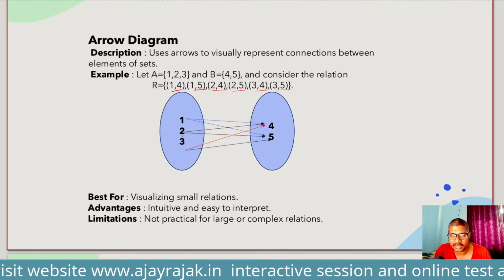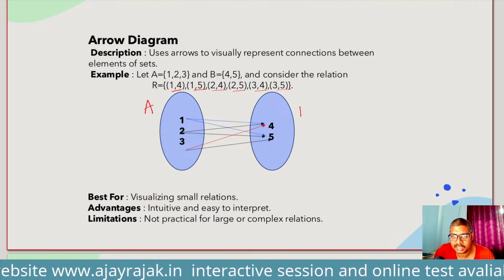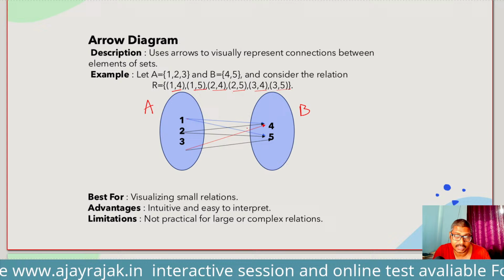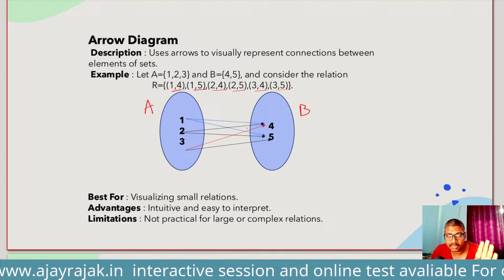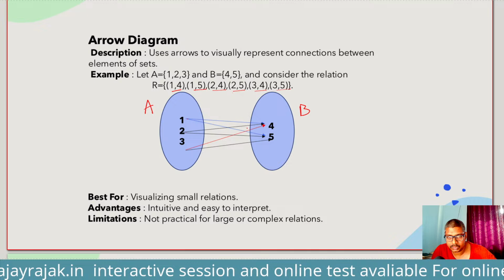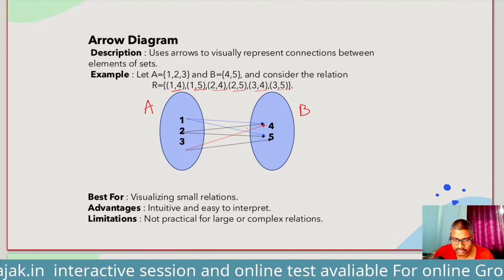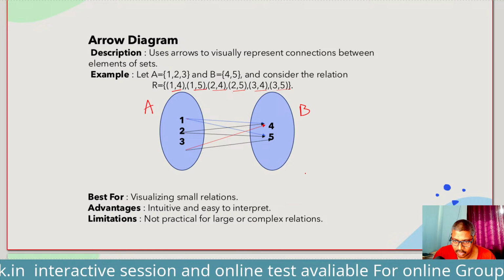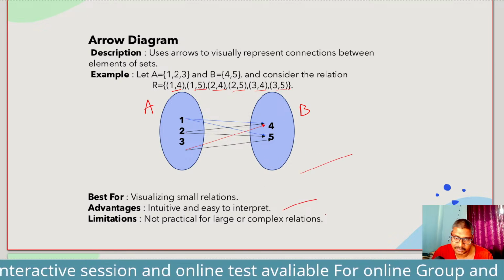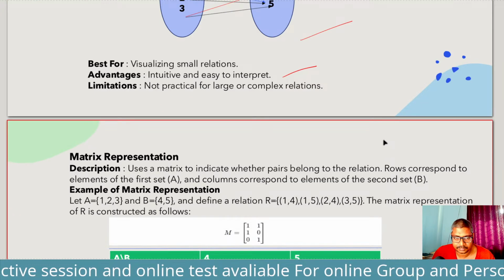So by the arrow diagram we will start from the set A. This is our set A and this is our set B. In the oval shape you can take, even in the rectangular shape you can take, and we will write the sets A and B, and then with the help of an arrow we can show which one is satisfying which relation, what is their outcome. So visualization of the relation can be better in this. It is intuitive and easy to interpret, but for larger and complex relations we cannot show it.